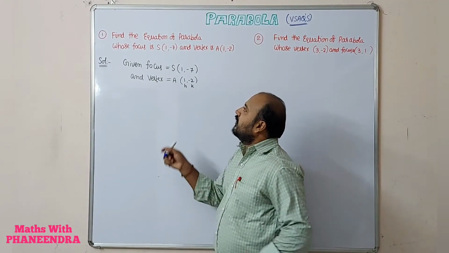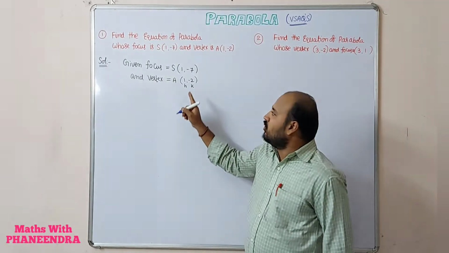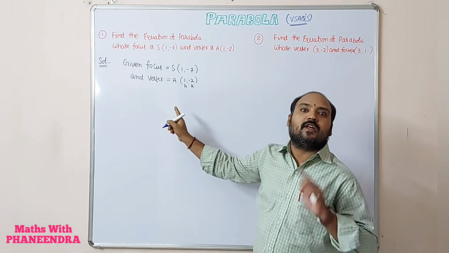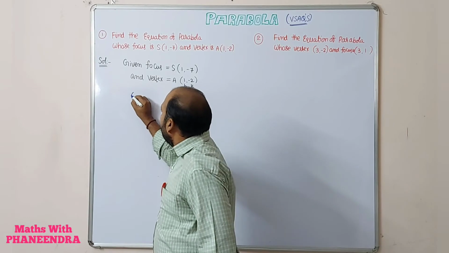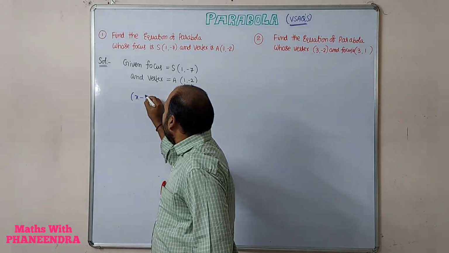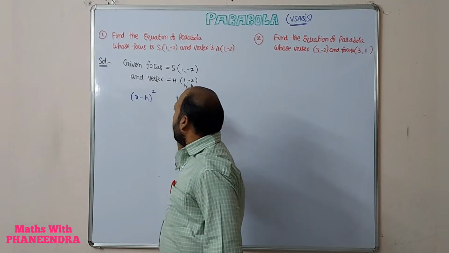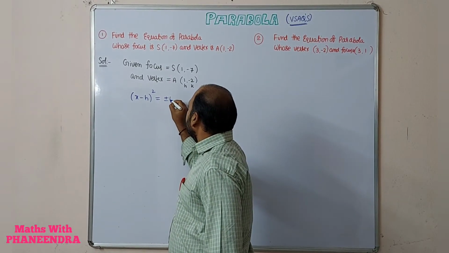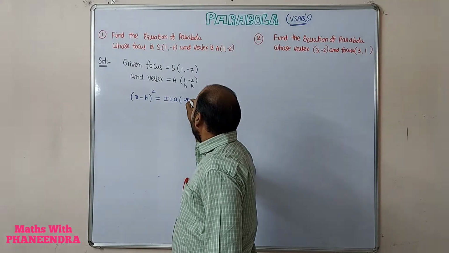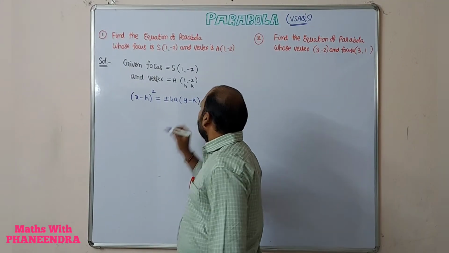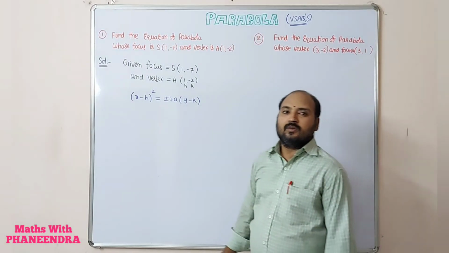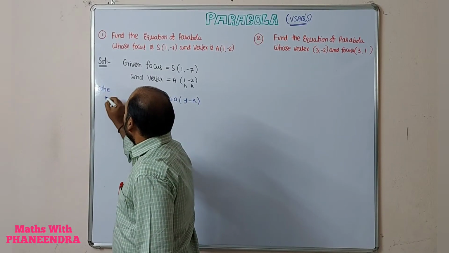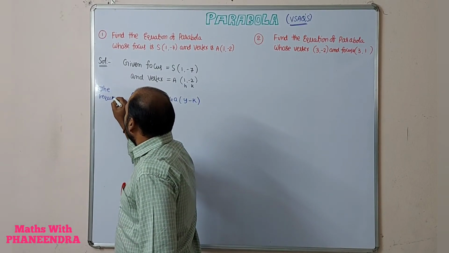The equation of parabola whose focus and vertex x coordinates are equal is in this form: x minus h whole square is equal to plus or minus 4a into y minus k. This is the required equation of parabola.